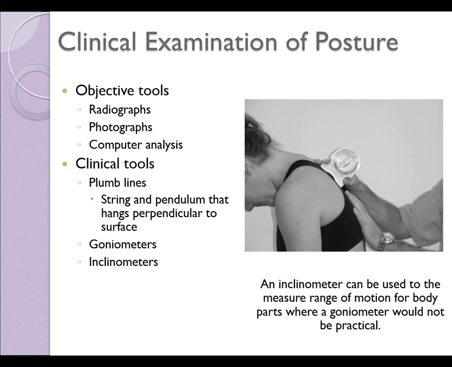So if possible, just like anything else, we want to use objective tools, whether that's x-rays, which we don't have access to, we have to refer, any kind of photographs, computer analysis. We'll do this next semester, but we will actually start recording people, because before it was difficult to get access to a video camera, get the right size tape, get the right device to read it.